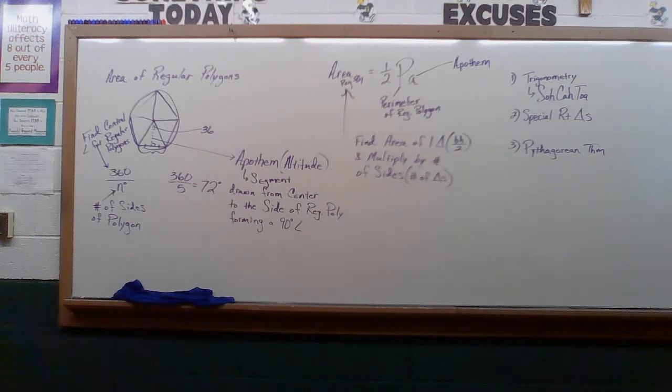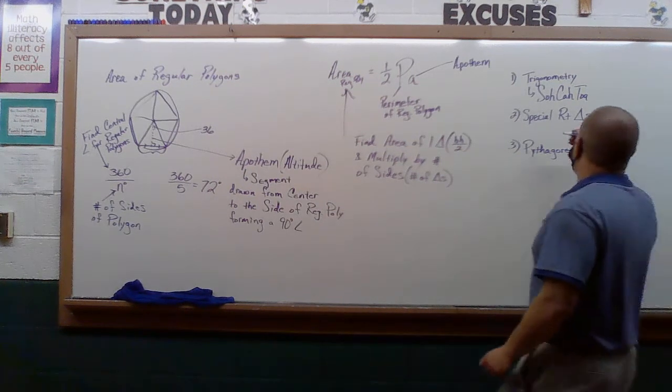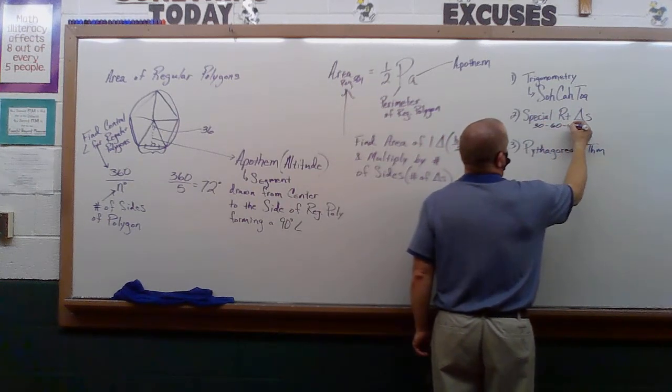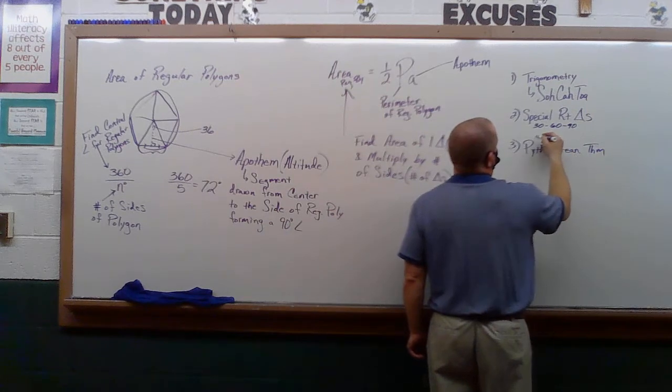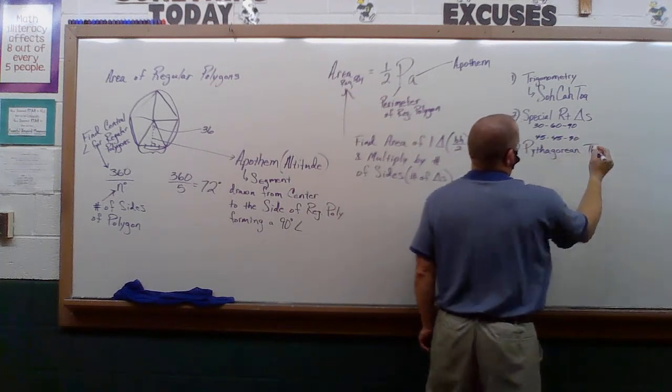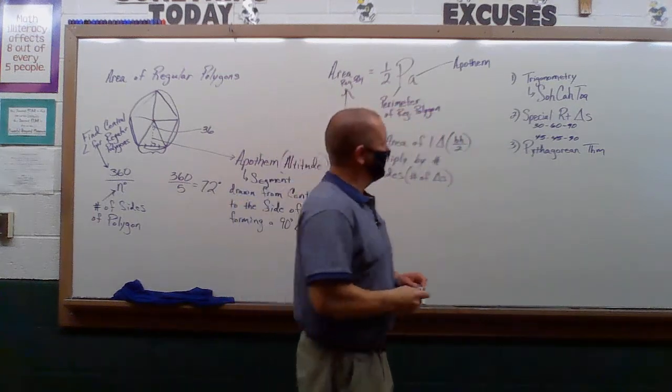Special right triangles, again, what do we remember? We had this conversation the other day, that if you do special right triangles, some of you didn't like it, some of you did, but my two special right triangles are 30, 60, 90, or what? 45, 45, 90. And then you just have to know the ratios that go with those, right?